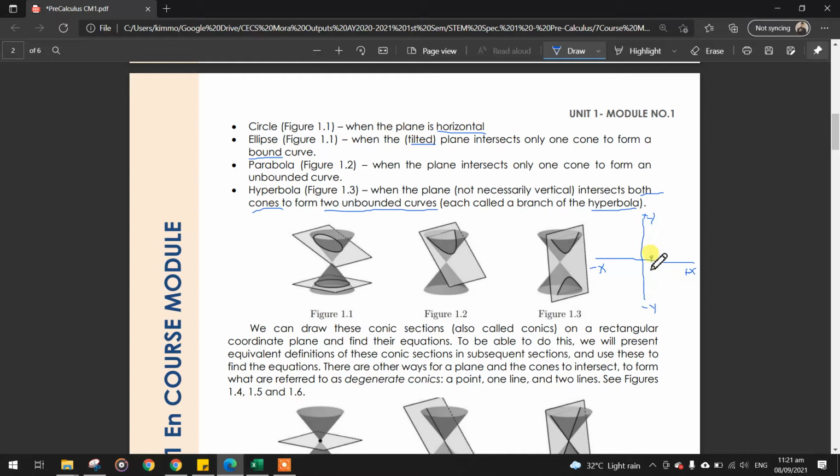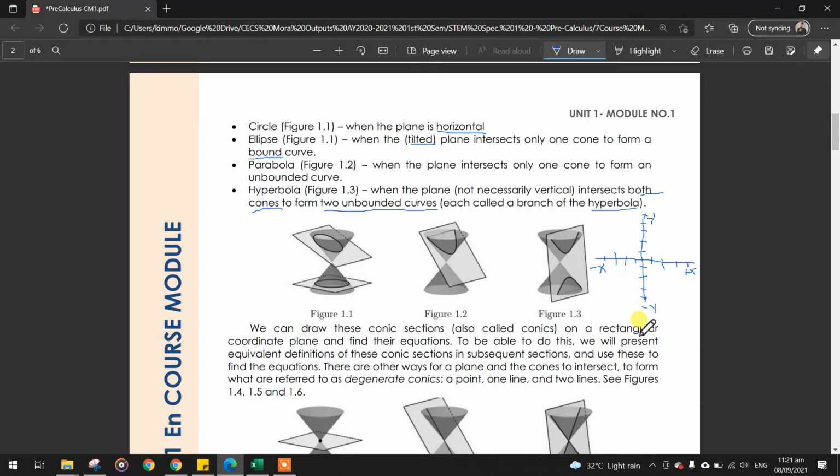So meaning the points here are all positive. So for example, this is 1, 2, 3, 4. So positive ni sila. And this side is negative 1 nga x, negative 2 nga x, 3, and 4. So the same sa taas, this is positive y, 1, 2, 3, 4. Then negative y nga 1, 2, 3, 4.